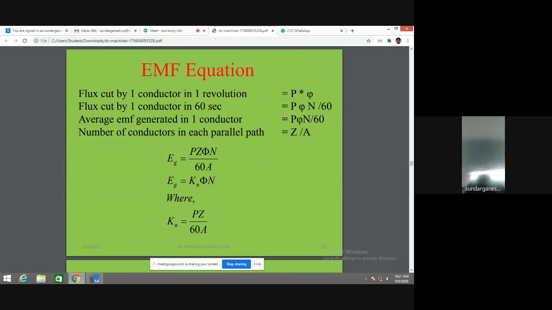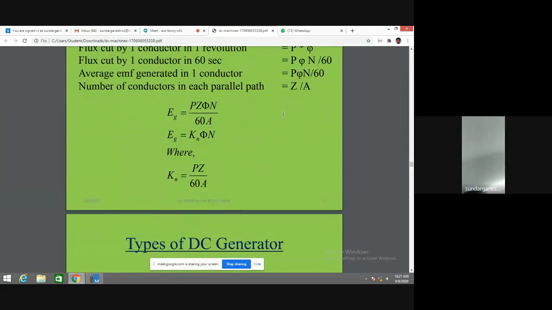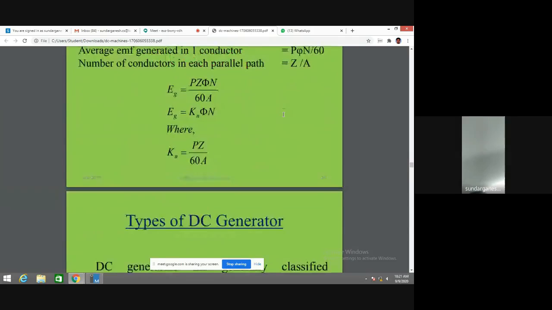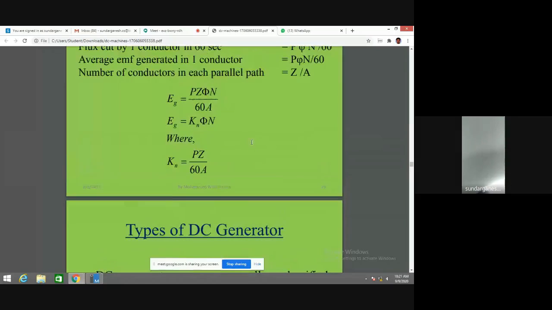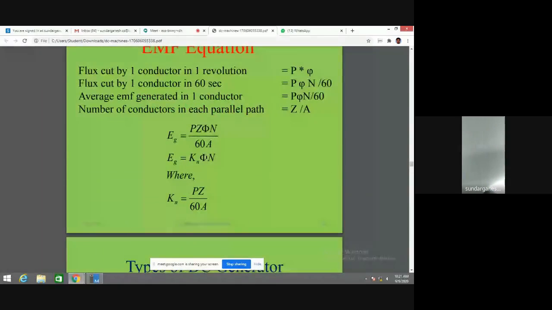So all these constant terms we take out as a single constant, known as Kn. P Z by 60 A is Kn, so we substitute Kn. Eg equals Kn pi N. The flux will change and N also changes. So when deriving the EMF equation, you have to write Eg equal to pi Z N by 60 into P by A.